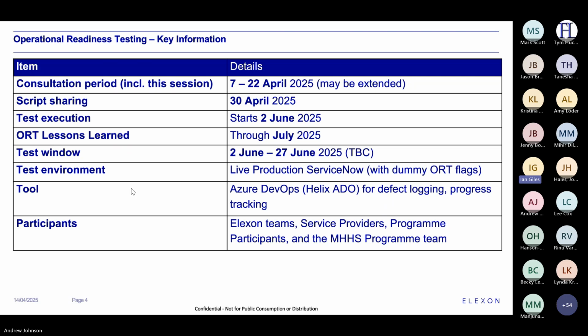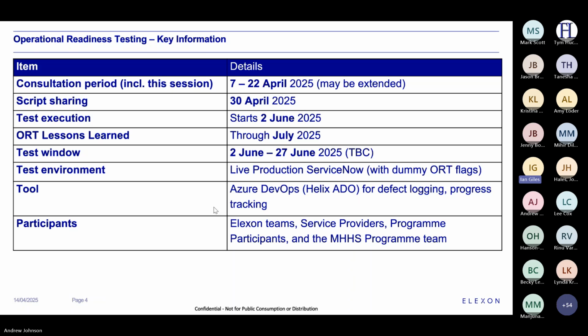So this slide is just addressing key information now. At the time of writing, the consultation period was the 7th to the 22nd of April. But I know there will be an extension on that after feedback last week. In terms of the scripts, we aim to get those out and shared for review by the end of this month.